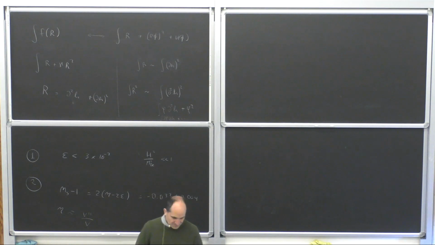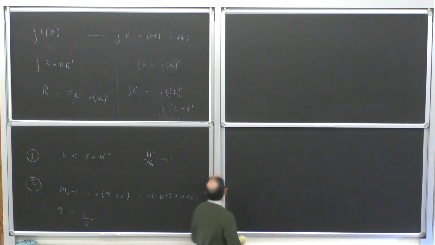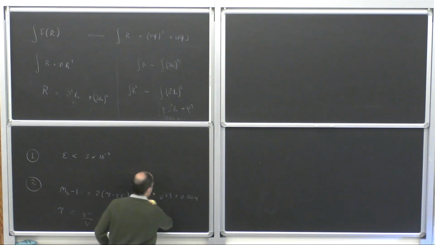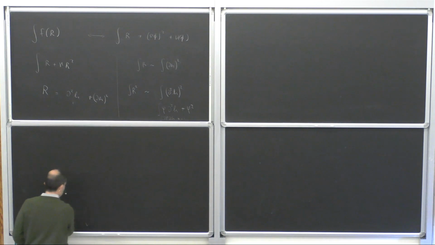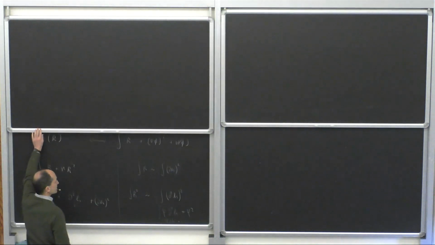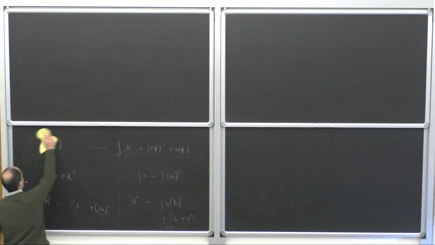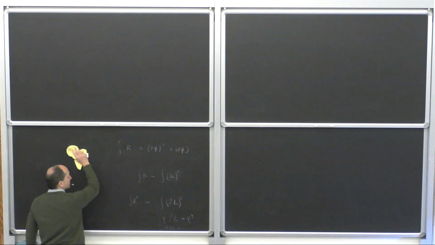Okay, so now we'll start getting to quantum fields in curved space. So the first lecture was a general introduction to inflation. I didn't derive all the formulas, so now we'll derive all the formulas.